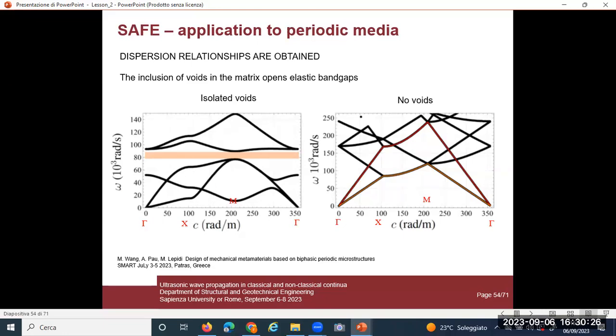In this case, for this periodic material, the dispersion relationship for that list of K values can be represented in this way. This is the case with voids, and this is the case with no voids. Let us observe first the case with no voids. Check out these two lines. This is omega, this is K. They are related.